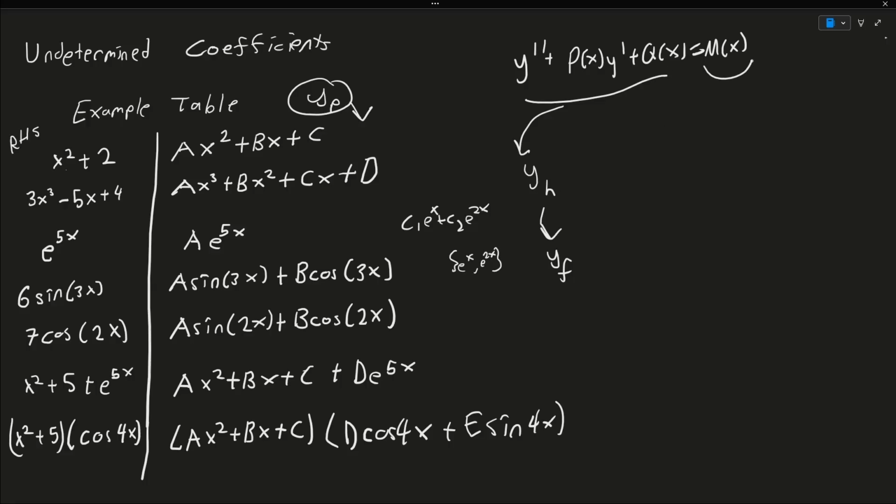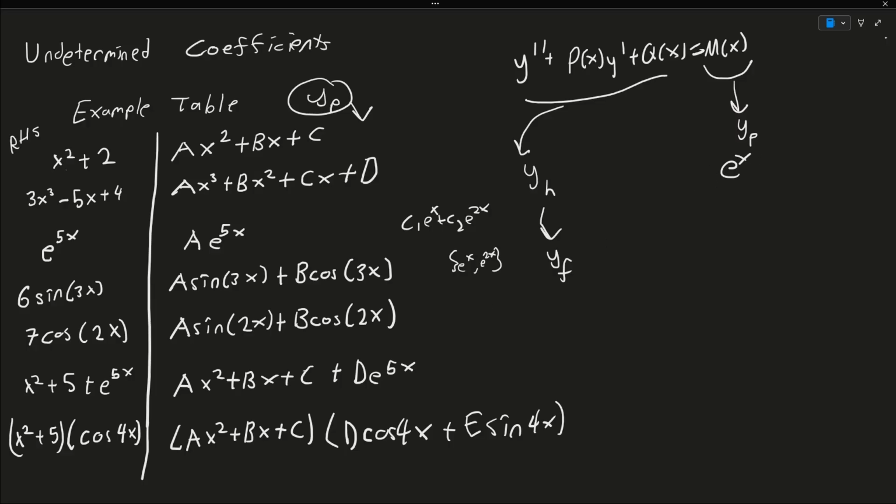And then on the right hand side, you're gonna start building your undetermined coefficients using yp, your particular solution. So you're gonna get yp using undetermined coefficients. And then you're gonna check it with yf. Let's say you have e to the x here.